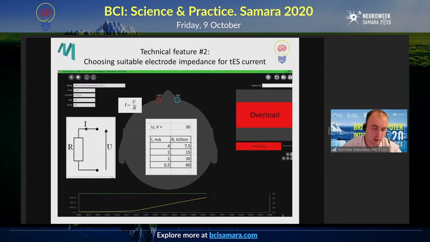If, let's say, we're using DC stimulation, just like in the picture that I show on the screen, say one anode, one cathode, and if you calculate the sum of all of the impedance values for all of the electrodes, it should be less than the value that you can see on the screen. We can use Ohm's law to perform this calculation. And if, let's say, the maximum voltage of a generator is 30 volts, then impedance should be less than 15 kilohms for 2 milliamperes.